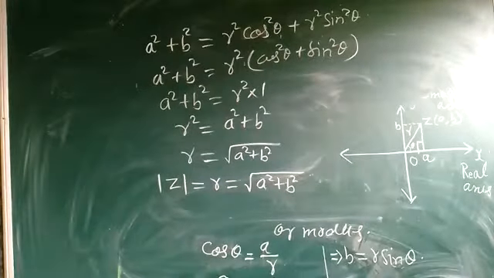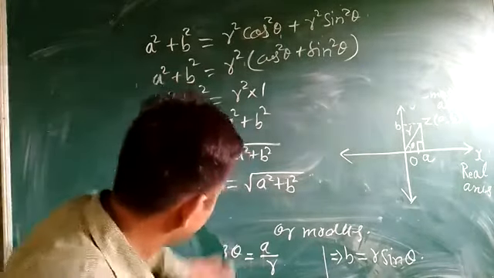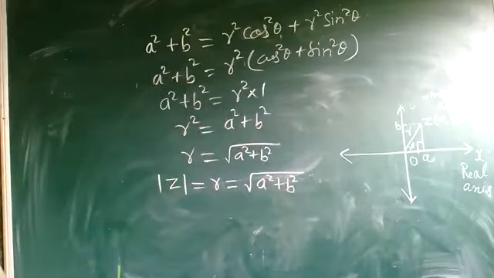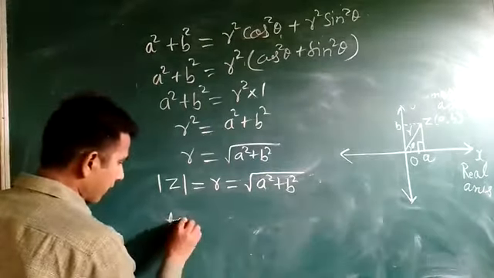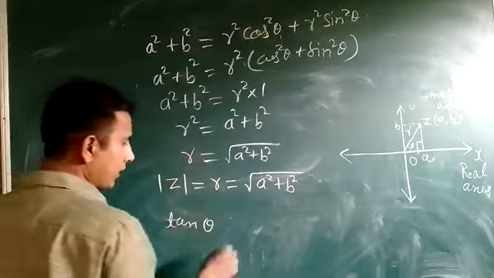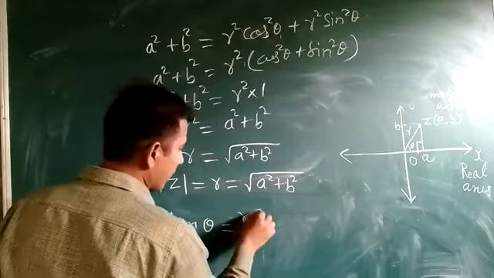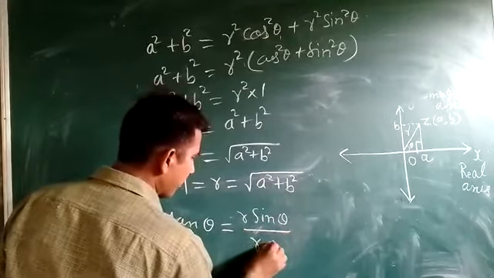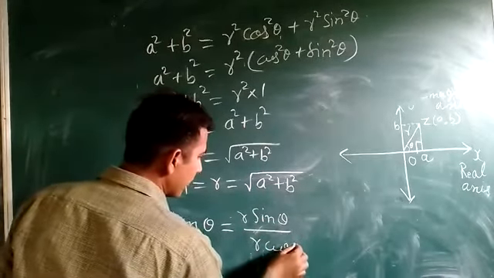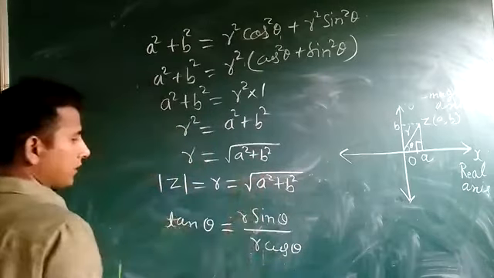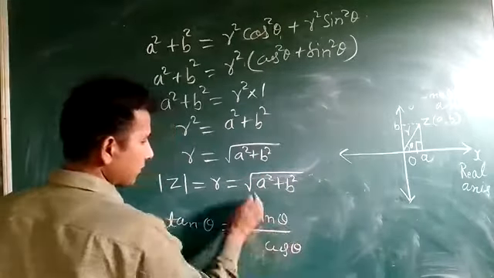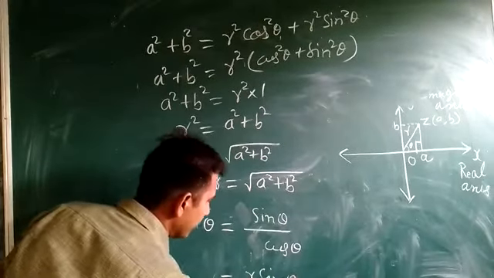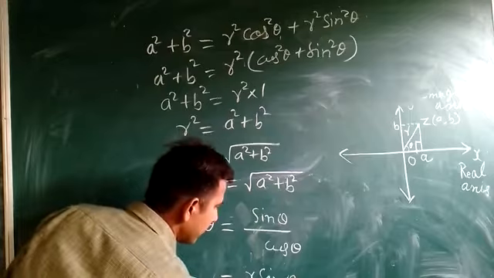And for the argument, tan theta equal to r sin theta upon r cos theta. Basically tan theta equal to sin theta upon cos theta, so we multiply and divide by r: r sin theta upon r cos theta.